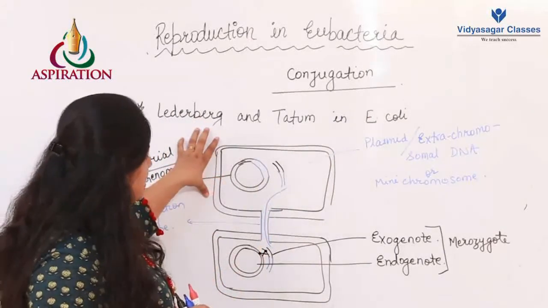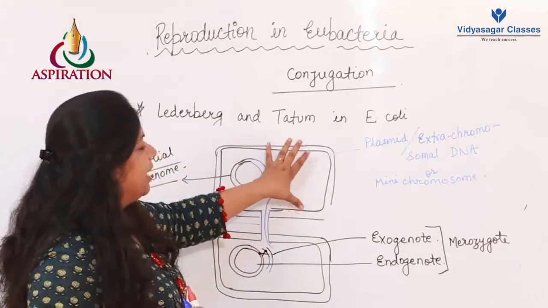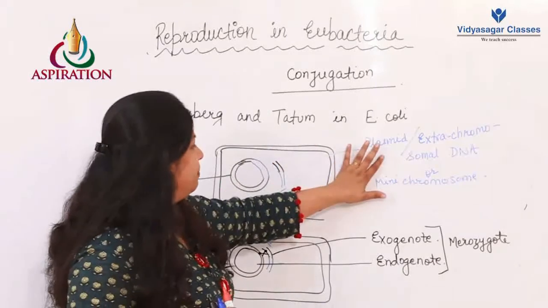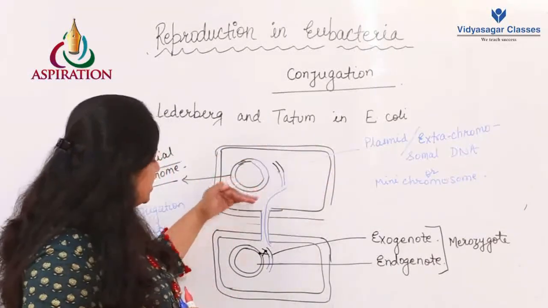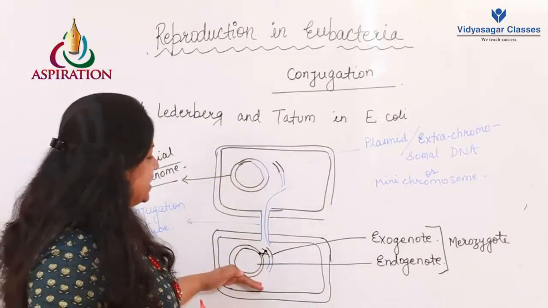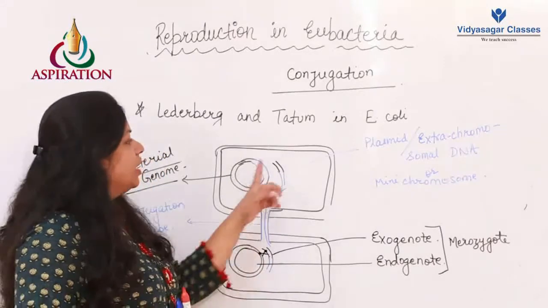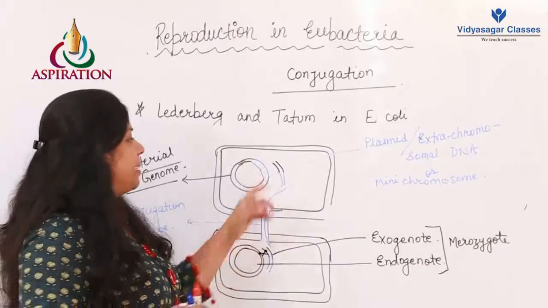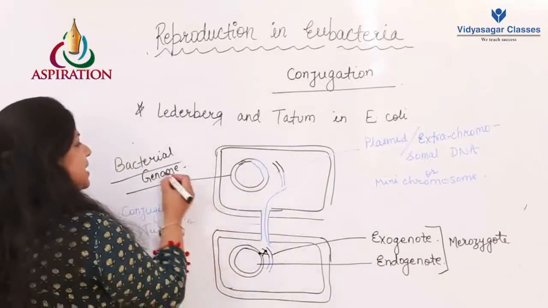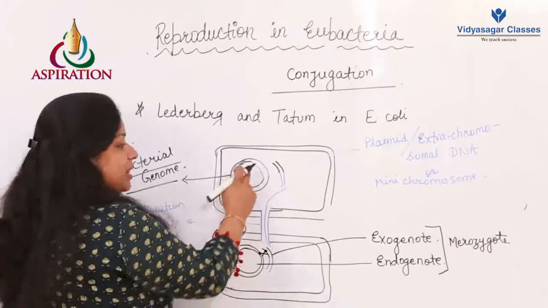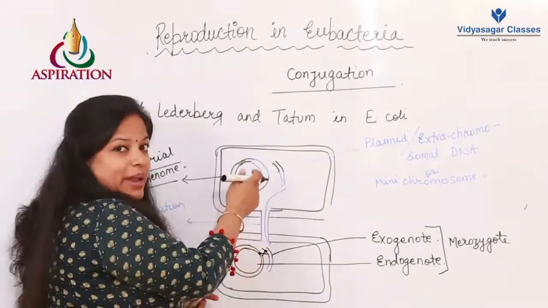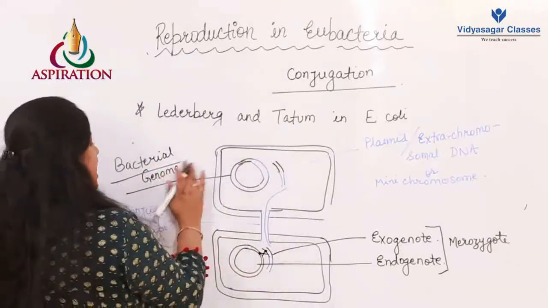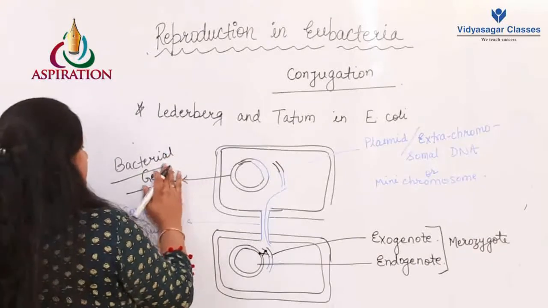In this process, the F plus bacteria with plasmid comes in contact with the recipient bacteria. The plasmid is associated here with the bacterial genome, and this bacterial genome, when there is association of the plasmid, is known as episome.